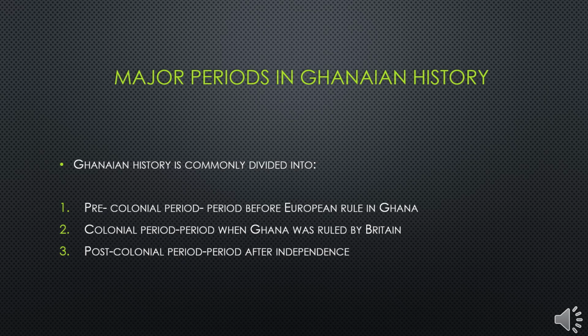The post-colonial period was also characterized by significant political, social, and economic changes, driven by the desire to establish new government systems and address the challenges left by colonial rule. These challenges included political instability, economic underdevelopment, and social inequality.